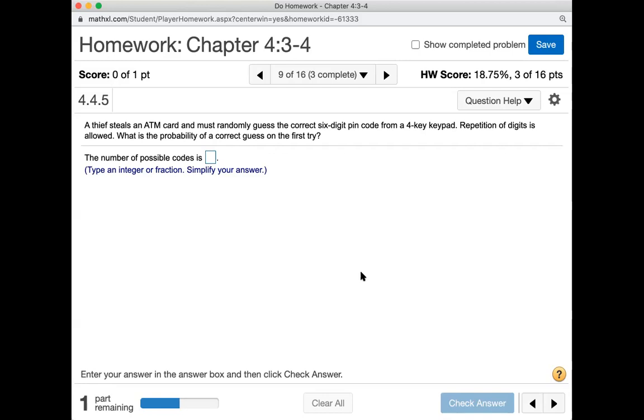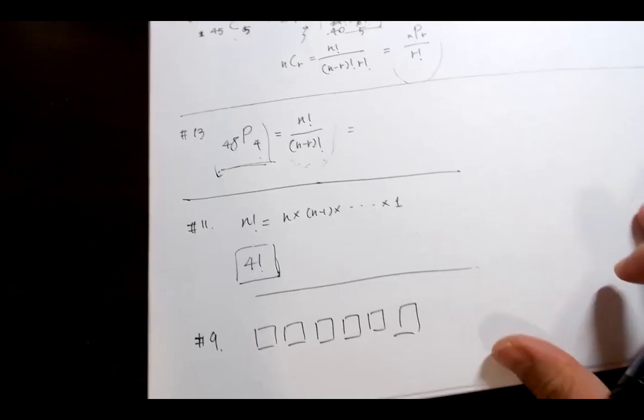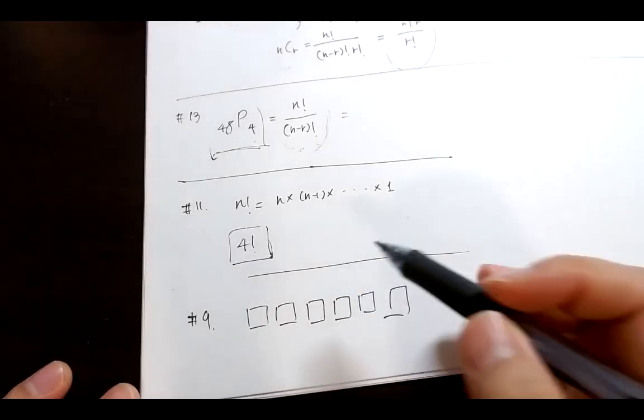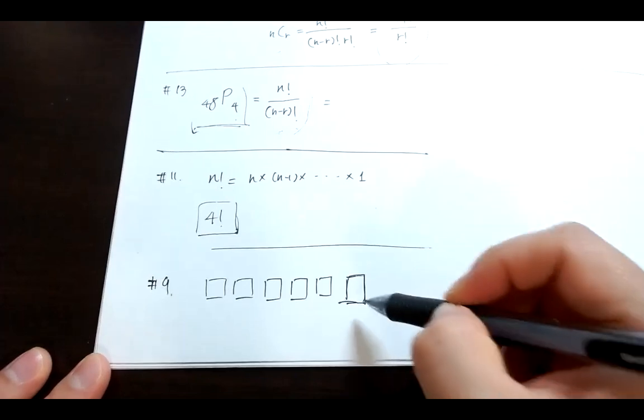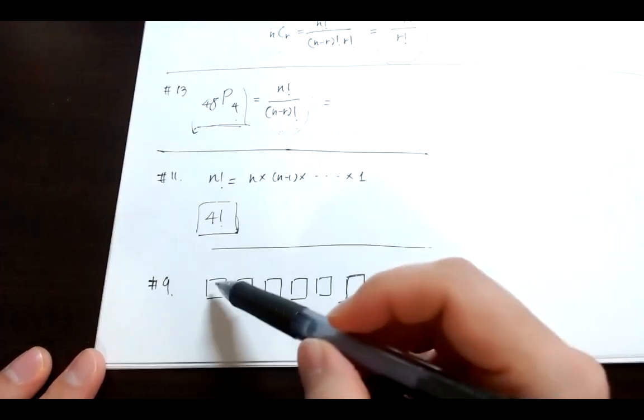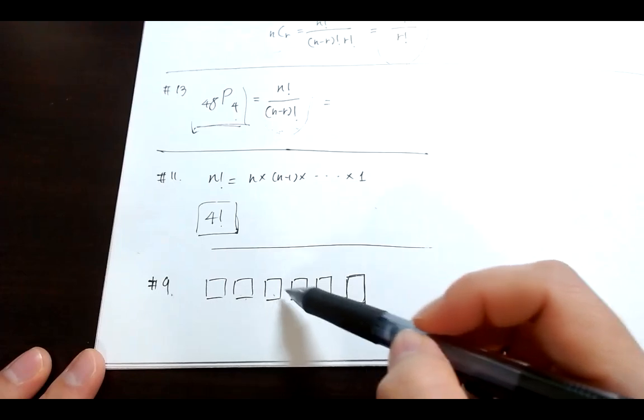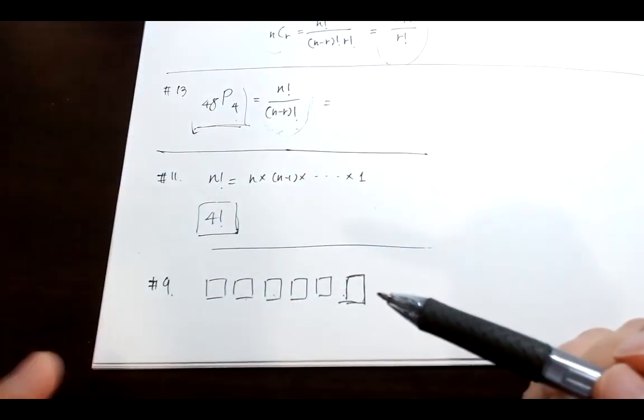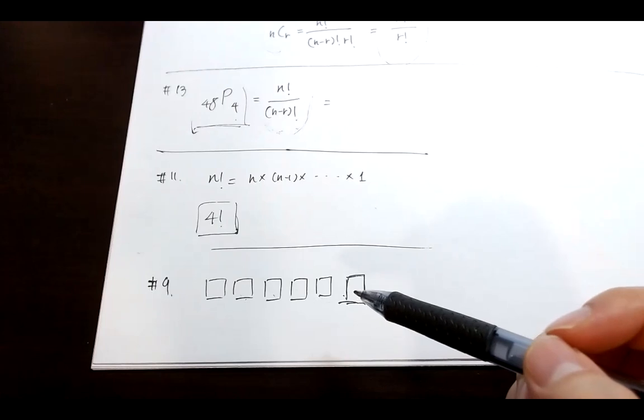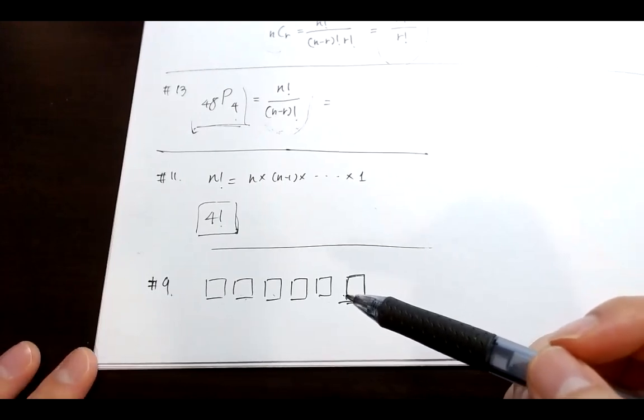Now, what is the probability of a correct guess on the first try? We need the total number of ways to choose a 6-digit pin code, the total number of outcomes in the population. Since replacement is allowed, I drew 6 boxes, 1, 2, 3, 4, 5, 6, and each box represents a digit of the pin code.